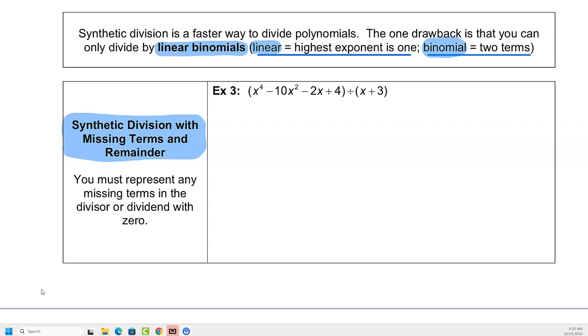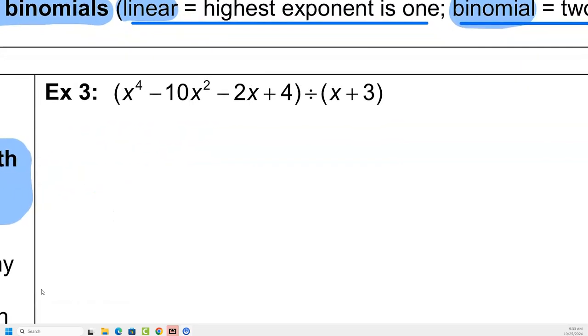You must represent any missing terms in the divisor and dividend with 0. So let's look at our problem here. What's the highest power in the dividend? Isn't it 4? Okay, so just start looking and making sure every power is represented.